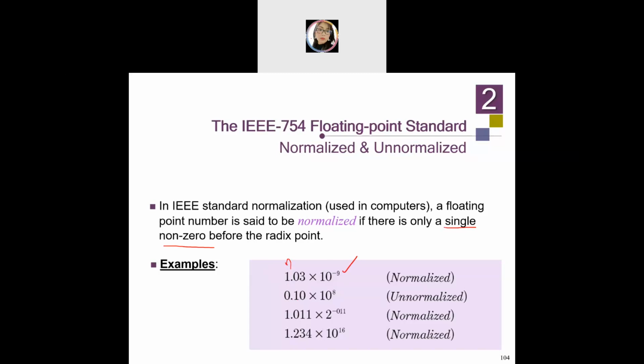You can see here, before that it is 0, so it is not normalized. Here before that it is 1, which is non-zero, and it's only 1, which is a single non-zero. Then it's normalized.